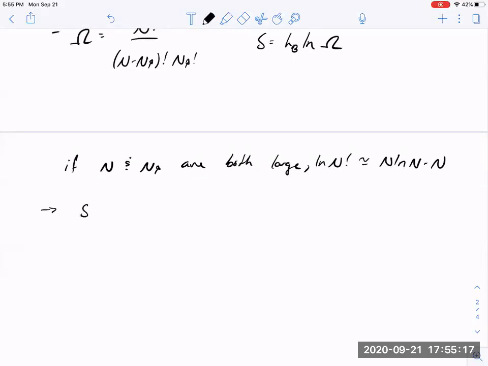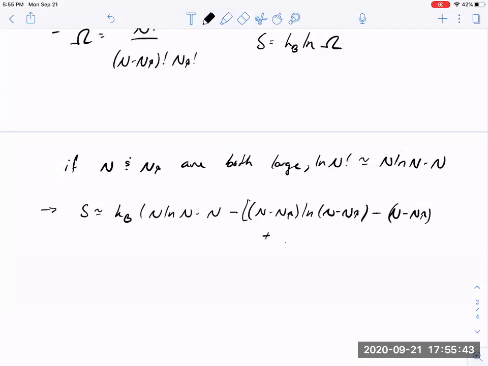Doing so, we find that the entropy is well approximated by kB times N log N minus N, minus quantity N minus n up log N minus n up minus N minus n up, plus n up log n up minus n up.